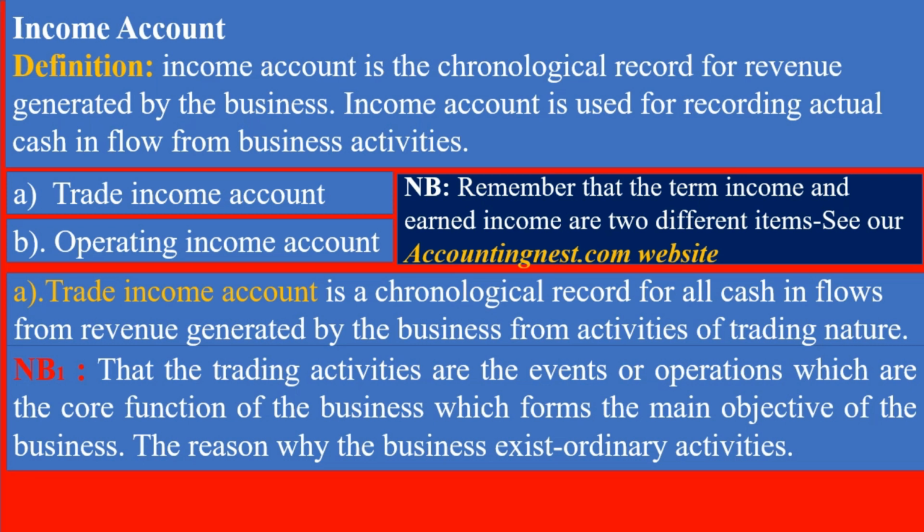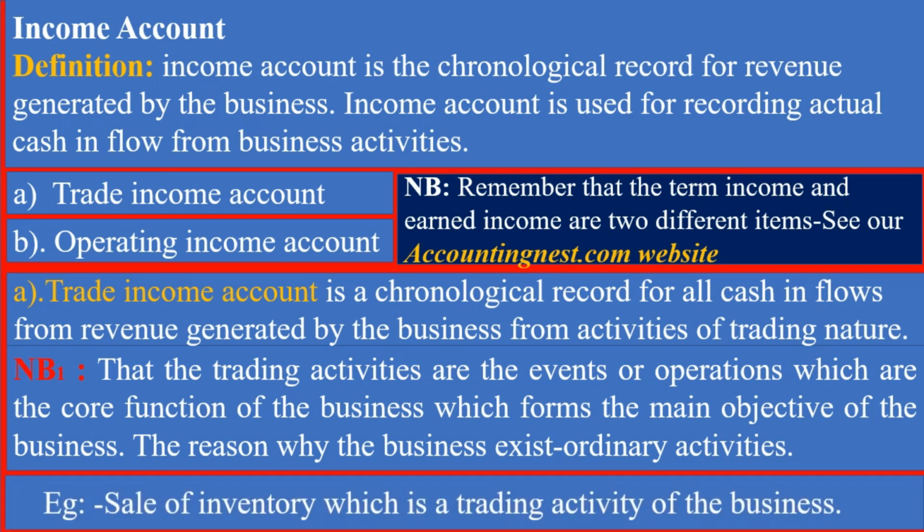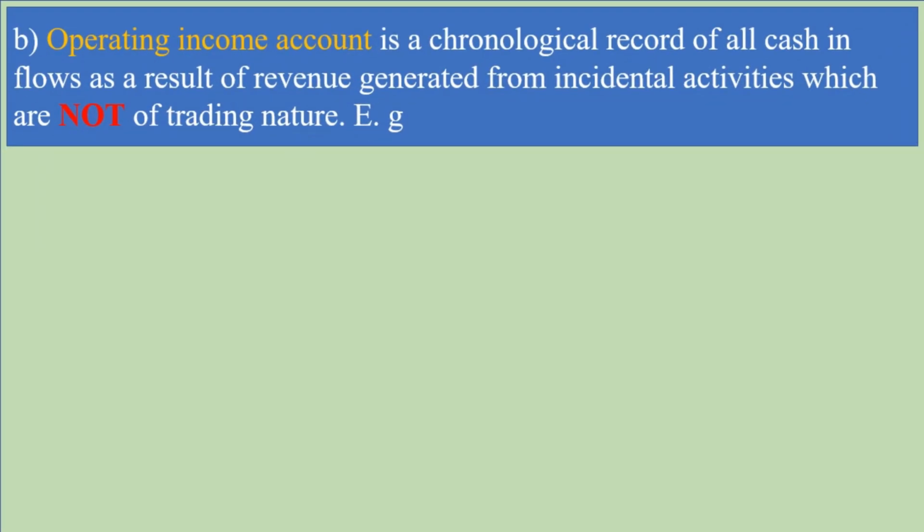In fact, in accountancy, we refer to such activities as ordinary activities. So, for example, we have got the sale of inventory, which is a trading activity of the business. So far, so good.